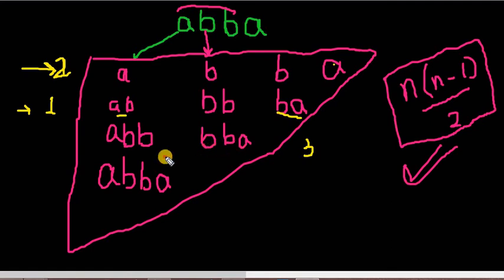BBA also makes another pair, and ABBA is singular, so there is nothing to compare with and it returns 0. So the number of pairs in this question is 2 plus 1 plus 1, that is 4. So we have 4 pairs of substrings which are anagrams of each other.